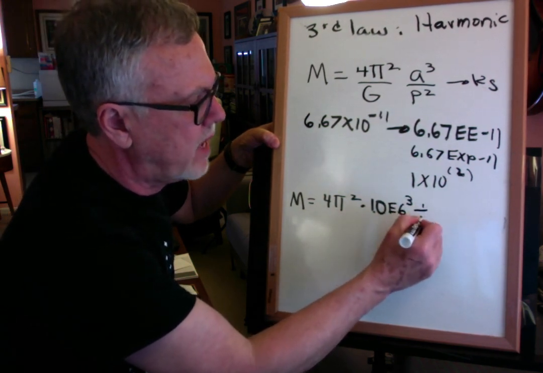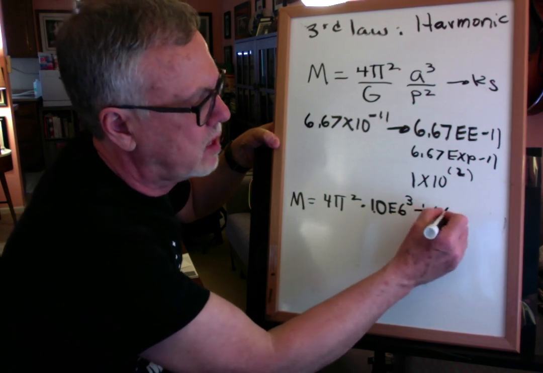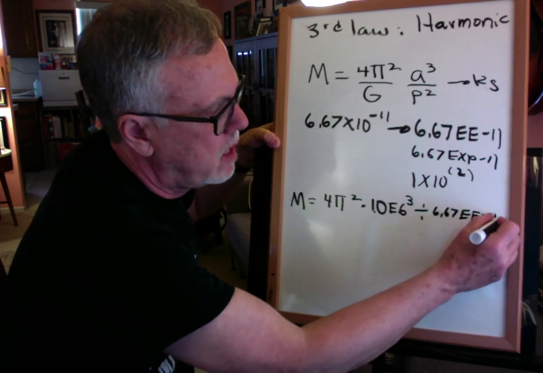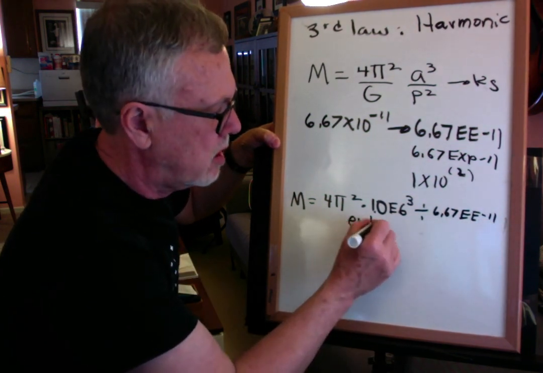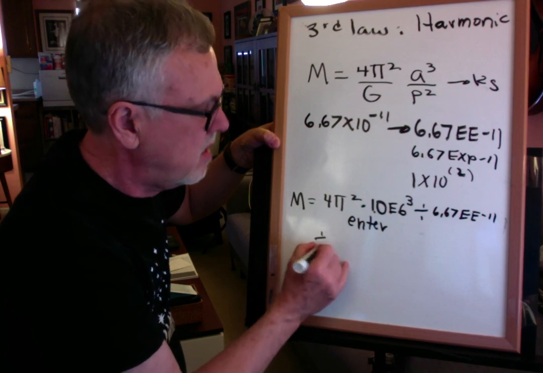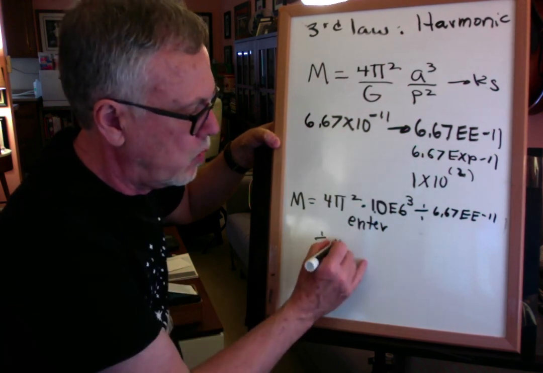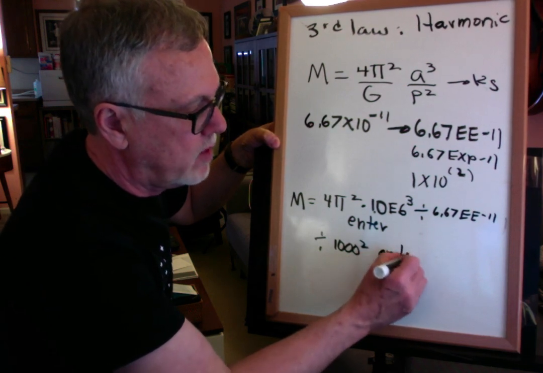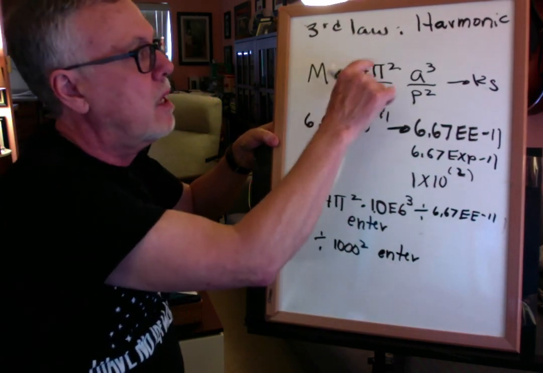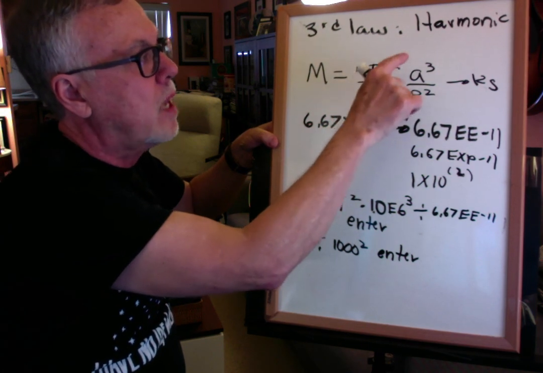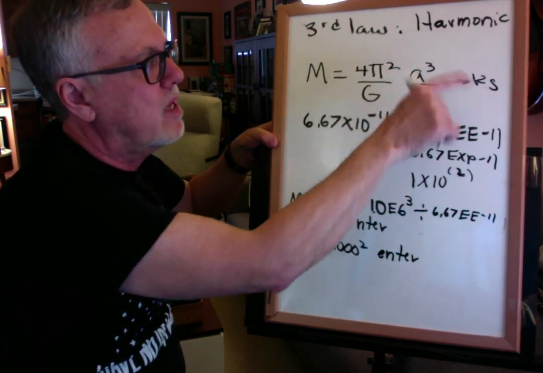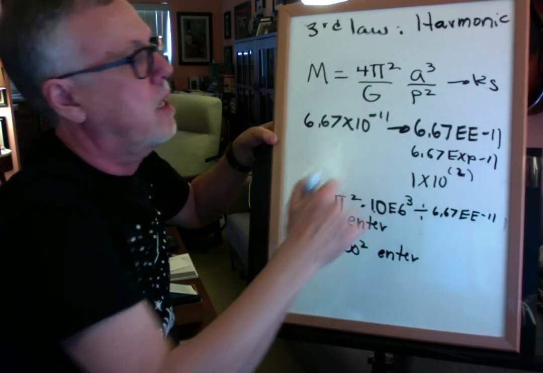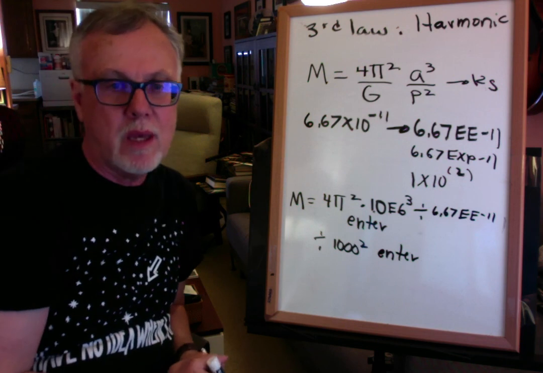Then I would divide that by 6.67 double E minus 11, and then enter. Then I would hit divide again. Let us say P is 1,000, 1,000 squared, and then hit enter again, and that should give you the answer. In other words, I go blah times blah squared times blah cubed divided by G equals, divide again by P squared equals, and that should give the answer.